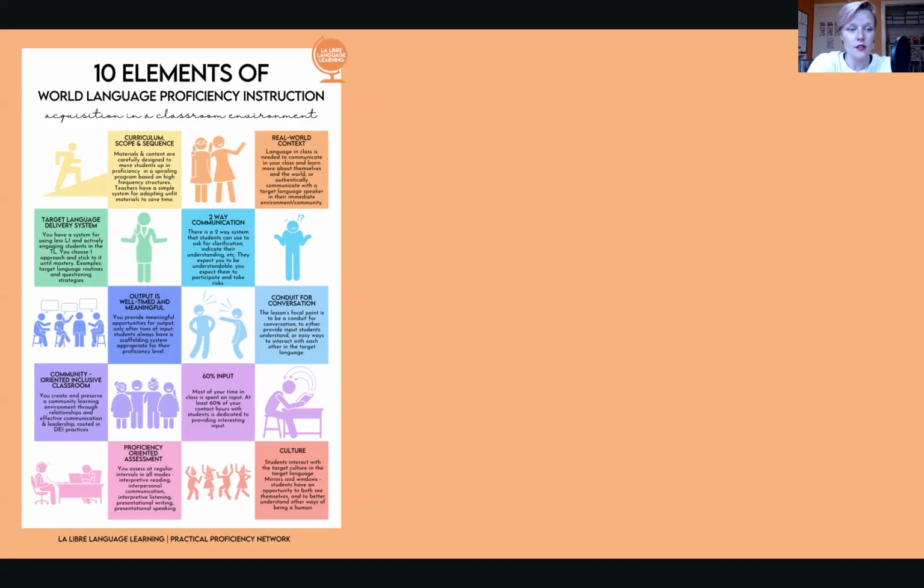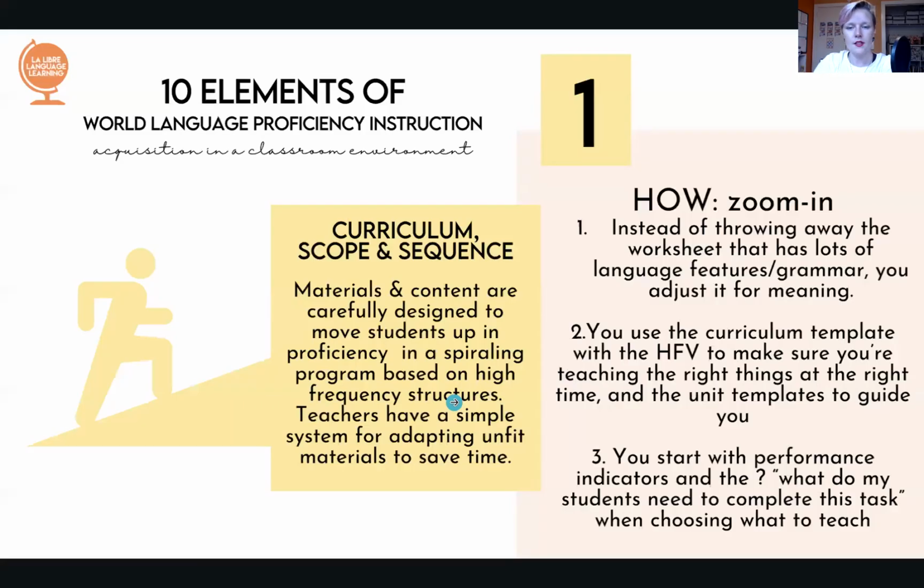Real world context, target language delivery system, two-way communication, output is well-timed and meaningful. It's a conduit for conversation in your class. Community-oriented and inclusive classroom, 60% input, and proficiency-oriented assessments. And last but not least, that we are working towards culture.